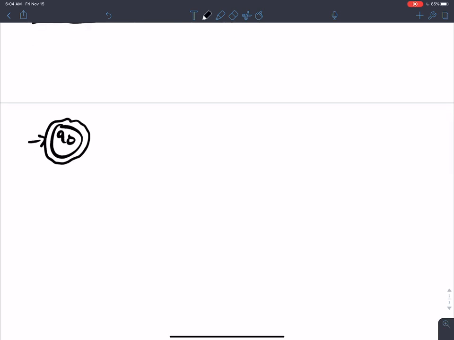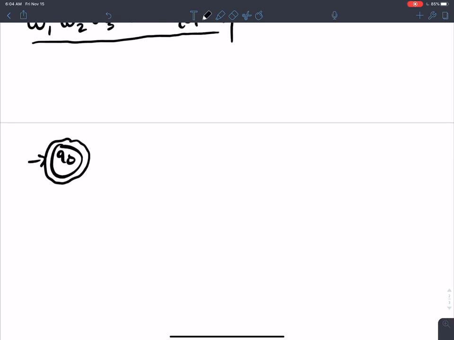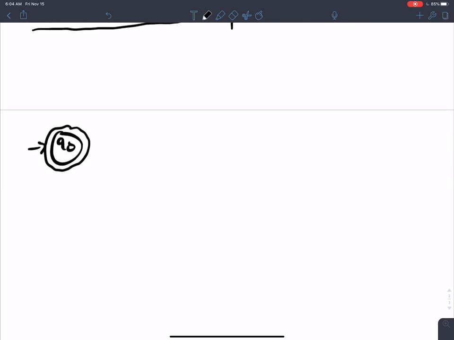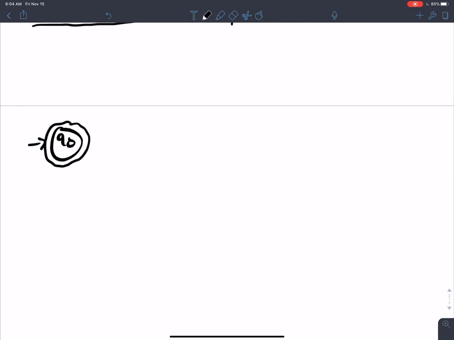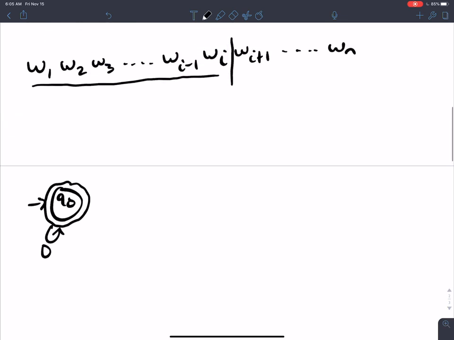Then if we read zeros here, we should continue to stay in the same state, because what we have read so far still represents 0.